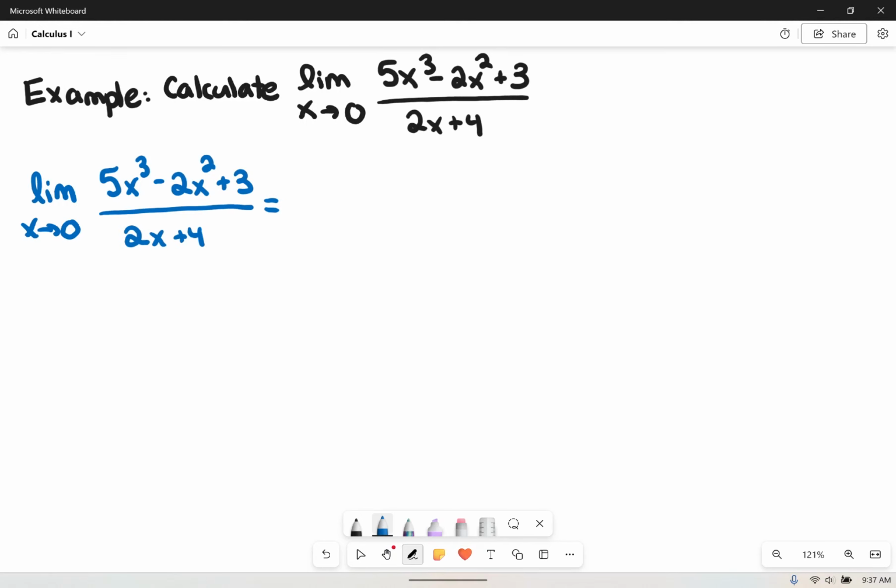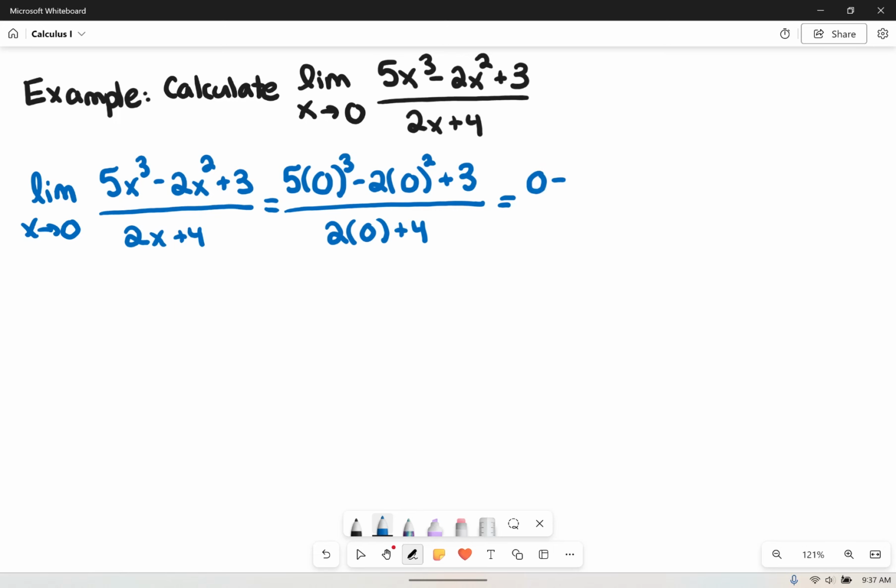The limit as x approaches 0 of 5x cubed minus 2x squared plus 3 over 2x plus 4 equals 5 times 0 cubed minus 2 times 0 squared plus 3, all over 2 times 0 plus 4, which equals 0 minus 0 plus 3 divided by 0 plus 4, which equals 3/4.